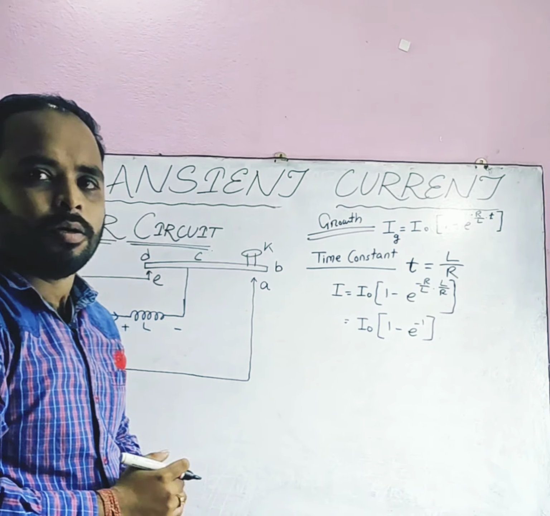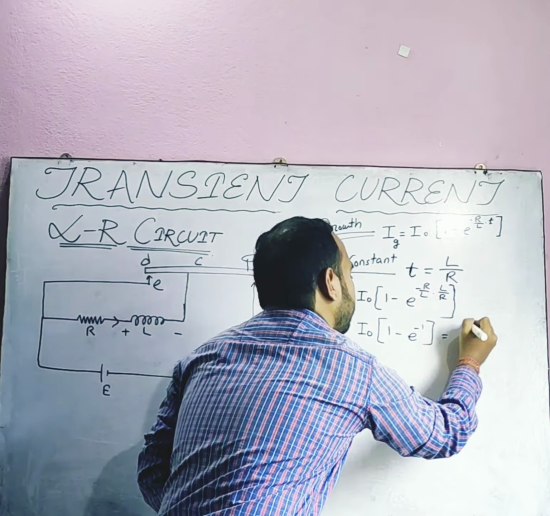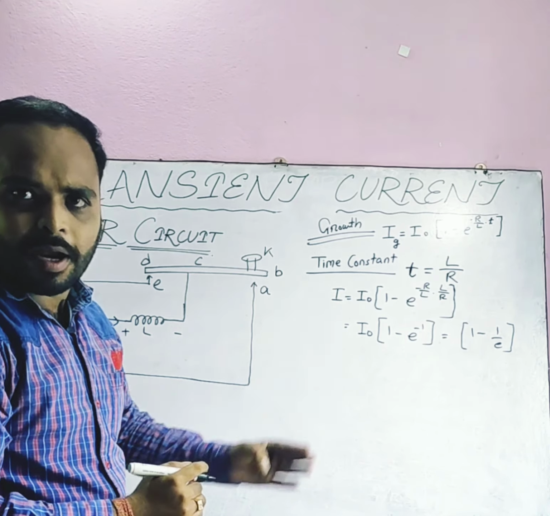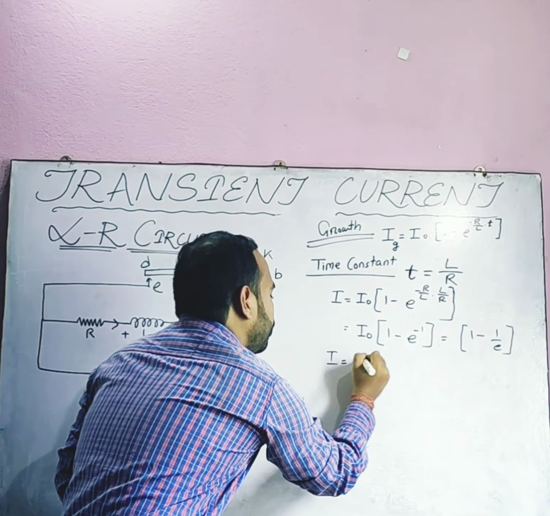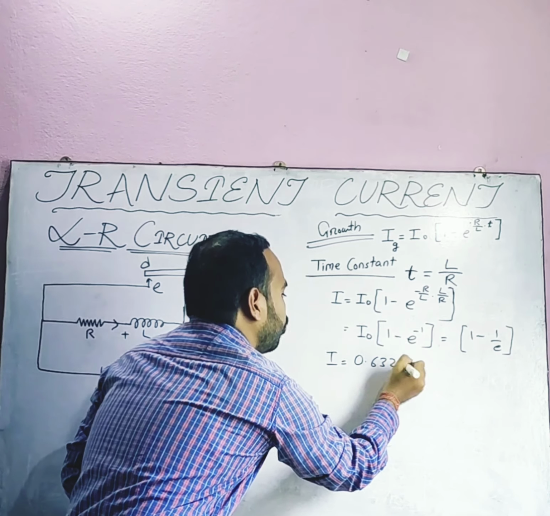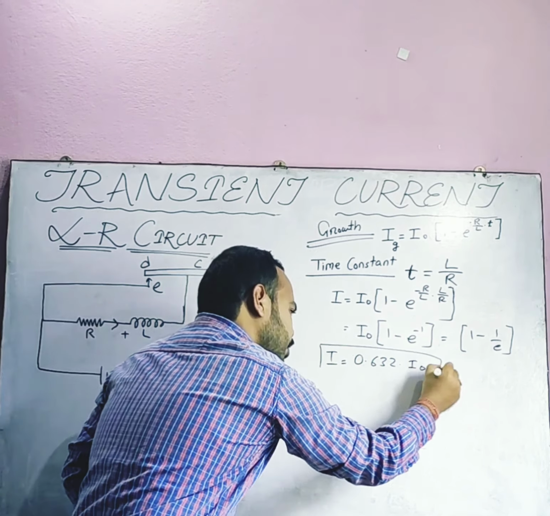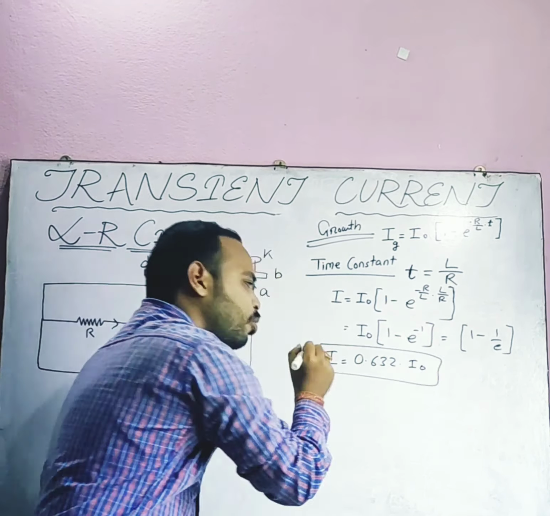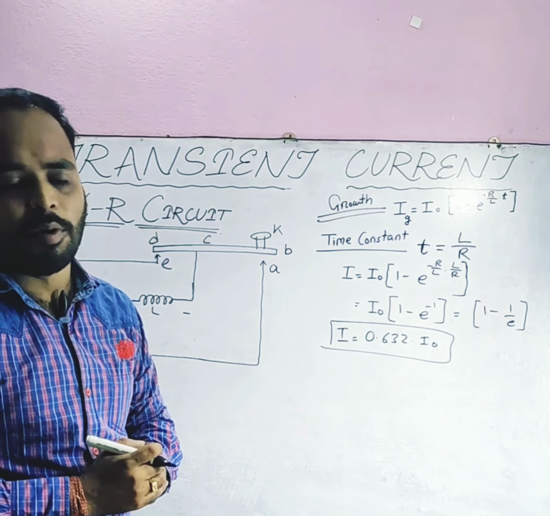This becomes 1 minus 1 by e, and if we put the value of e, that is 2.718, we get i equal to 0.632 into I0. So we can say the time constant of the LR circuit is that time in which the instantaneous current becomes 0.63 times the maximum current, that is 63.2% of the maximum current.